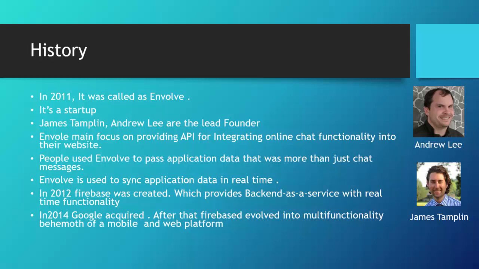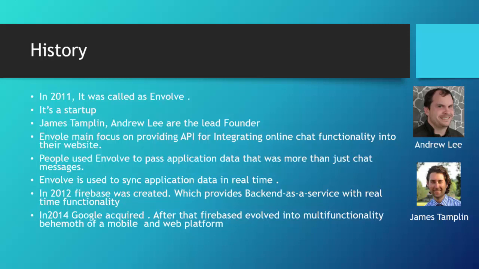People used Envolve because it was focused on chat applications. They started using it and passing their application data into it. Envolve became more popular, and later the application data was synced in real time. It took the data in the chat history and synced it with the web applications in real time.